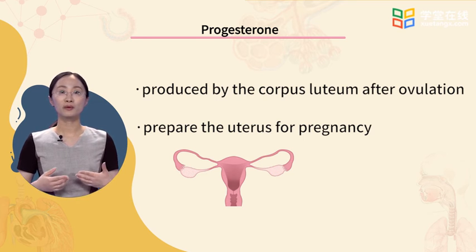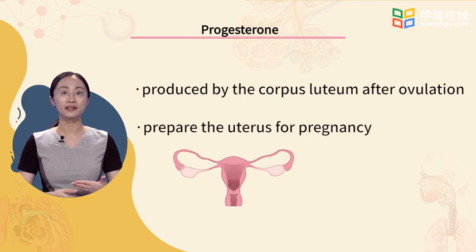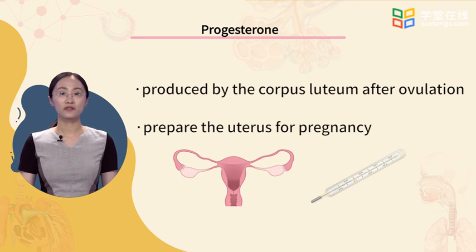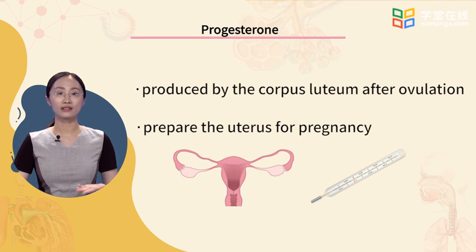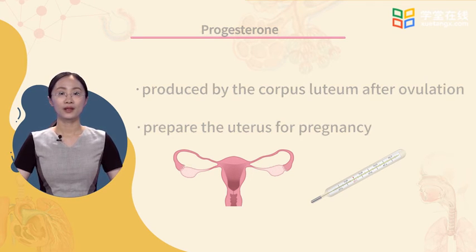It also promotes the development of acini in the breast. Another important function of progesterone is elevating the basal temperature. Therefore, just by measuring the temperature daily, we can find out whether ovulation has taken place.